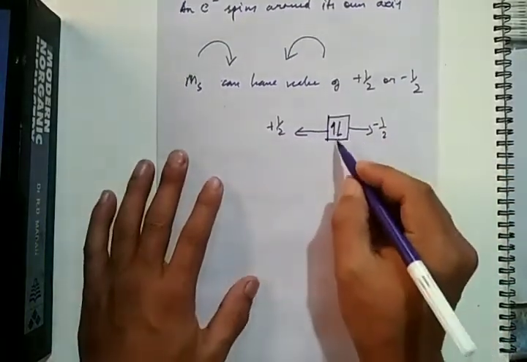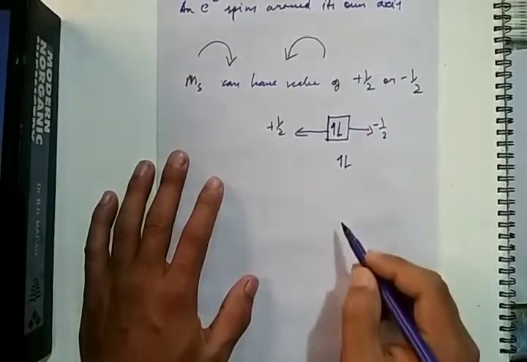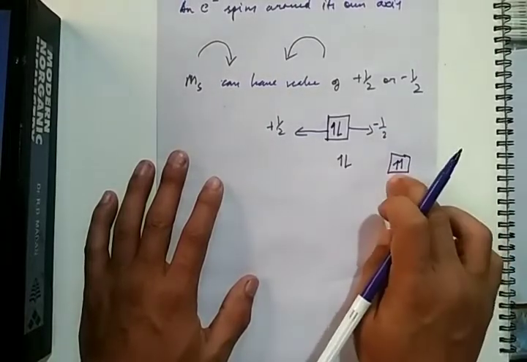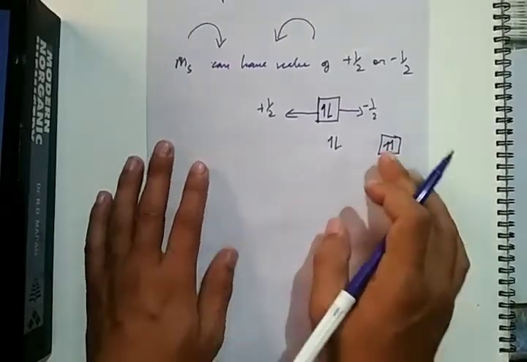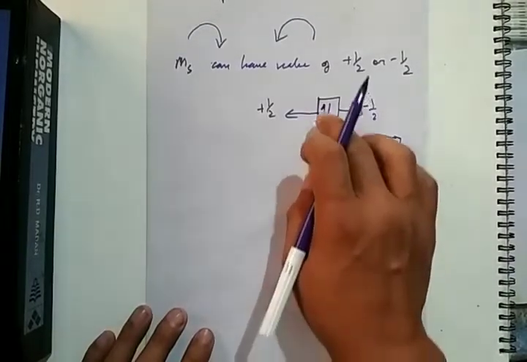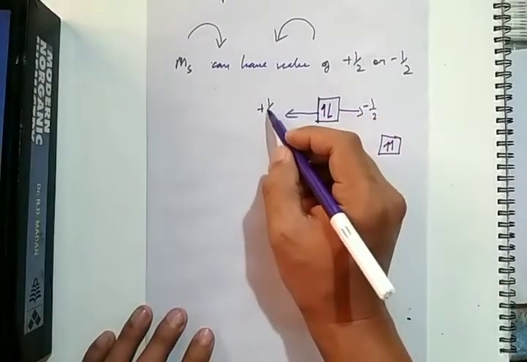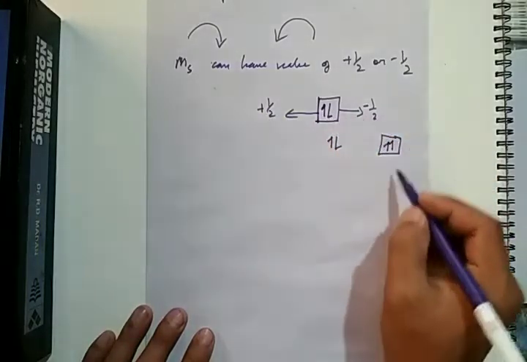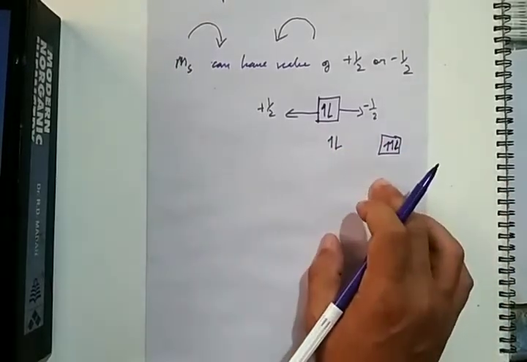So we write the electrons one upward and one downward. If you write the electrons like this, then it will be wrong. An orbital cannot have more than 2 electrons. One pointing upward, one pointing downward, with plus half and minus half. It cannot have 3 electrons in that orbital.